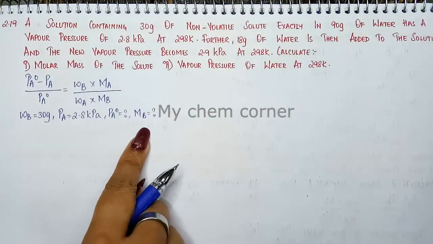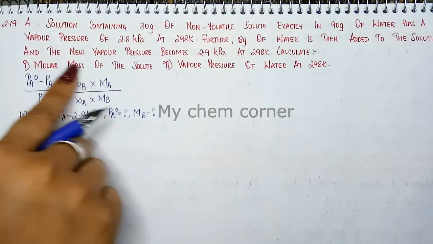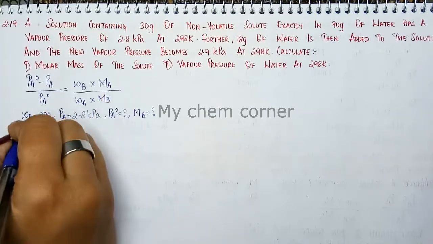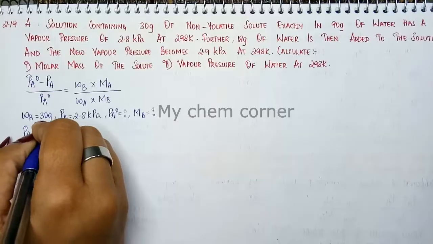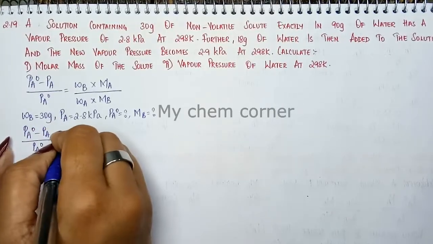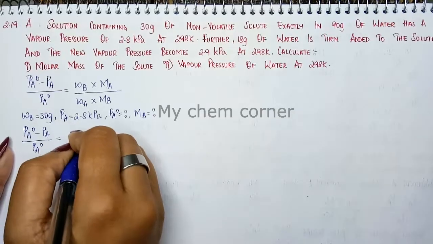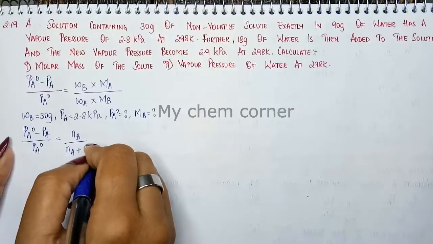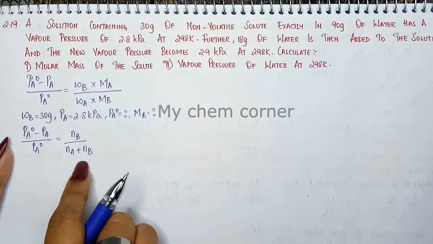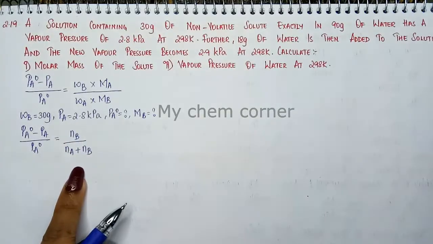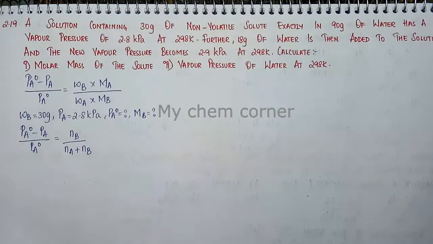Alright, so now what we will do is we are going to change the formula to PA naught minus PA by PA naught, which is equal to NB by NA plus NB, which is the mole fraction of the solute, because we have solute values given here. So we are altering the formula to mole fraction of the solute.